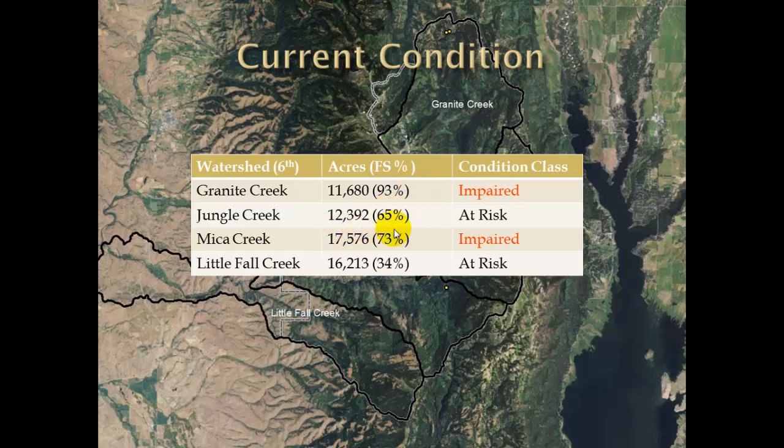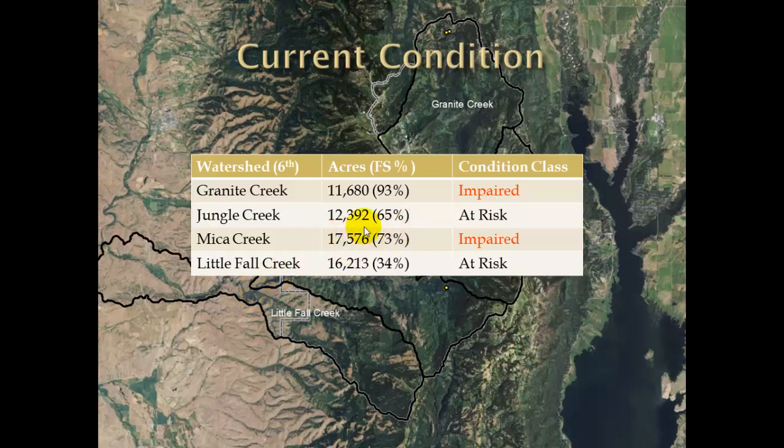Jungle Creek, the current condition for Jungle Creek is functioning at risk. It's a 12,400 acre watershed roughly, and 65% of the watershed is owned by the Forest Service.